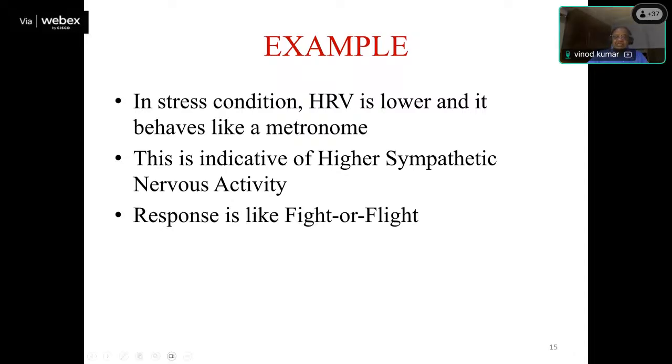So that means it's good information: when higher sympathetic nervous activity is there, it is a stress condition, my heart rate variability becomes low. So the response is like fight or flight. So person starts thinking, "I should run away, or I should jump." Immediately he wants to take some sort of action.